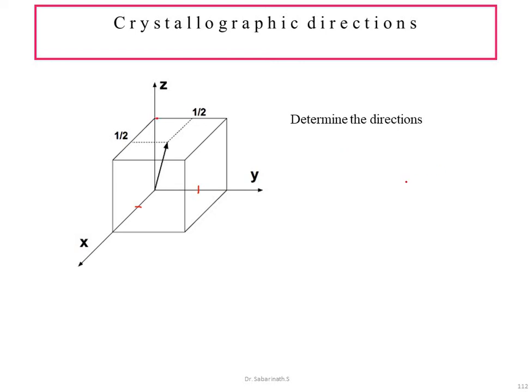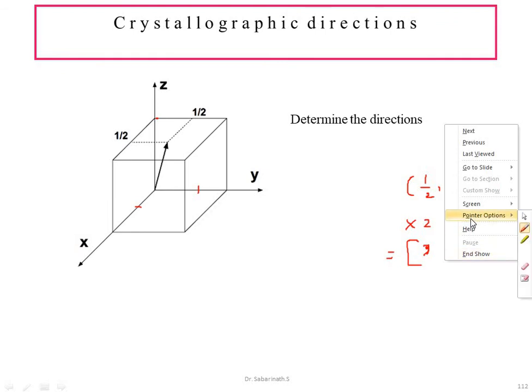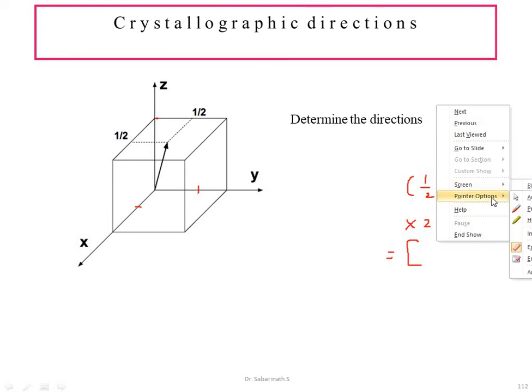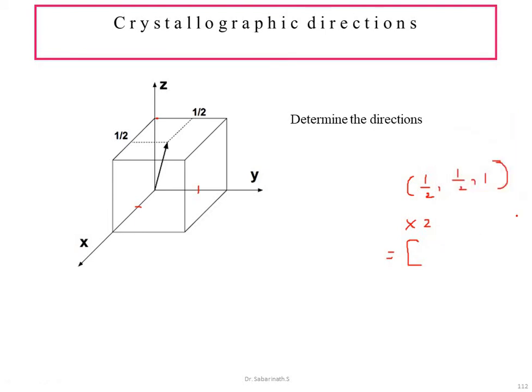So the direction in general we will write as half, half, and 1. Multiplying throughout by 2 we get the direction in this form: 1, 1, and 2. I think it's clear for all.